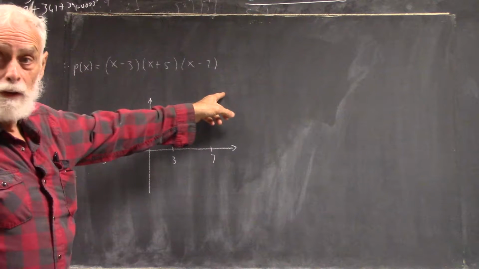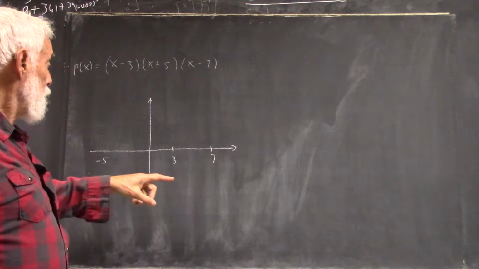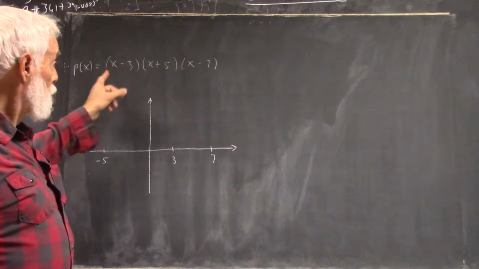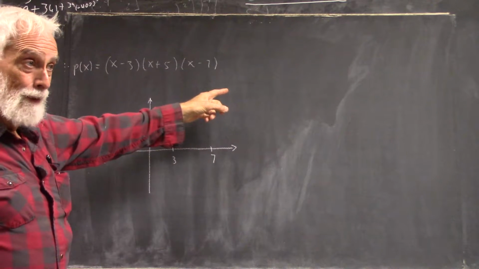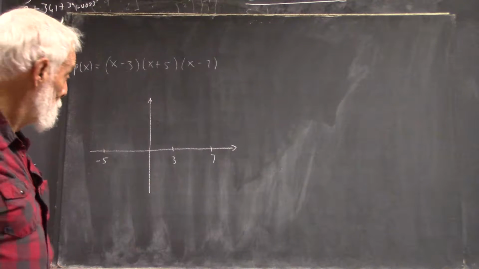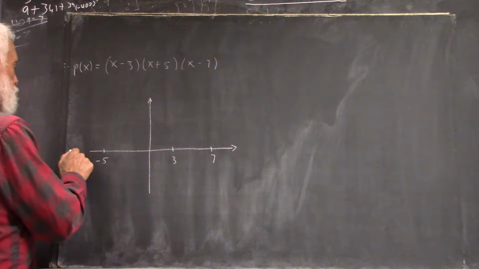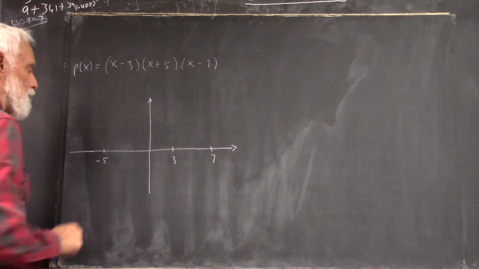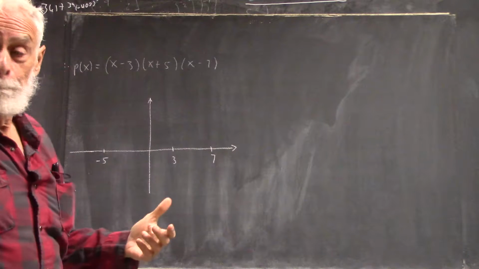If you look at it without thinking, you think, okay, if I put in 5, would I get 0? No. If I put in 5, I don't get 0. I've got to put in -5 to get 0. So you got to be aware of that. That's one little thing I saw in a couple of papers, which otherwise looked pretty good, but you don't want to make that mistake. Okay?